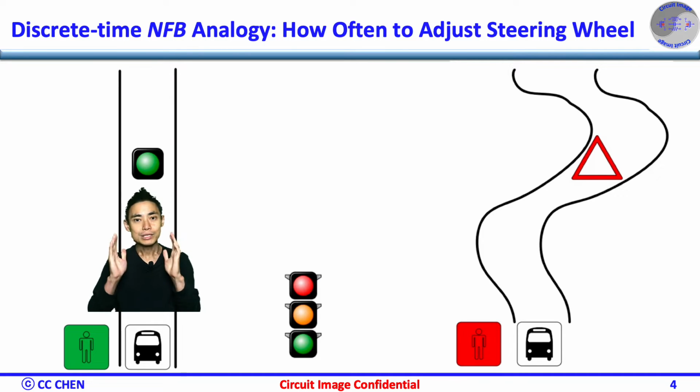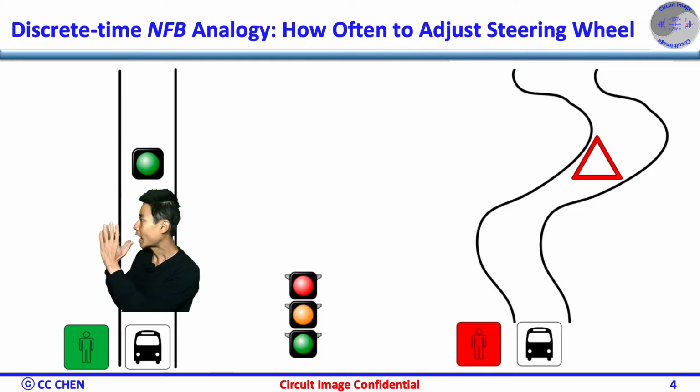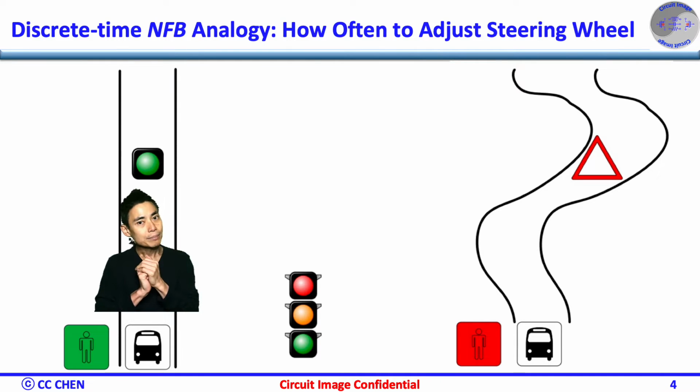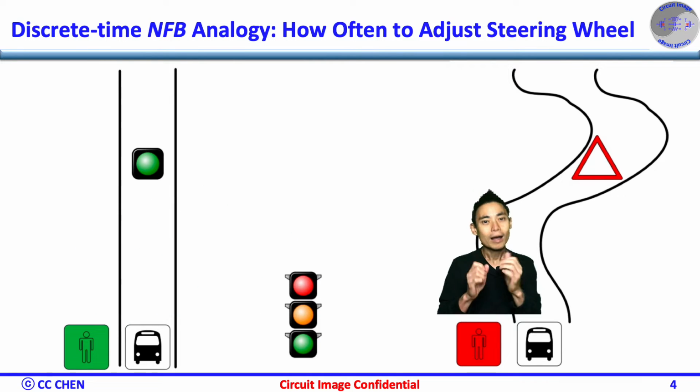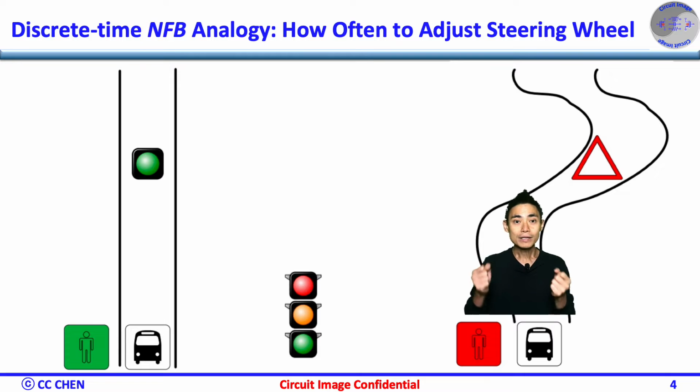Then you can spend lots of time looking at the passenger and not spend much time looking at the road. However, if you are driving on a mountain road curving all around, you must look at the road much more frequently after looking at the passenger. Otherwise, you will easily go over the end of the road and die.